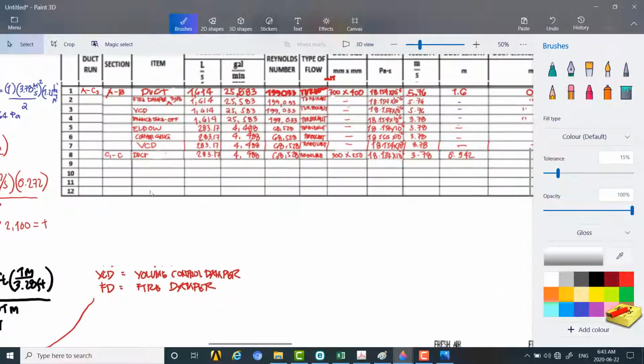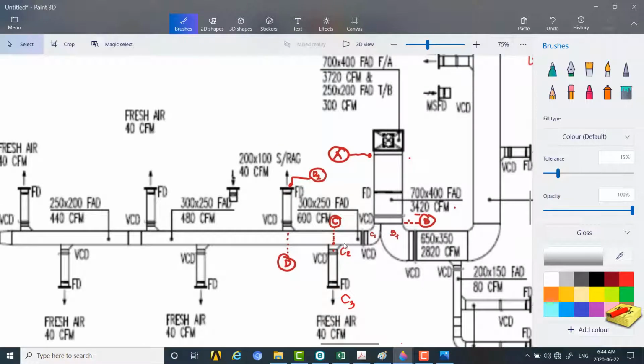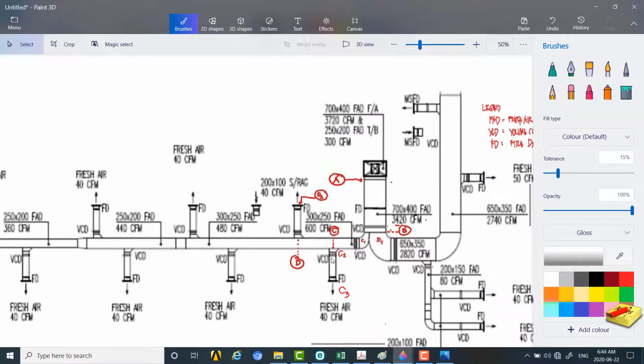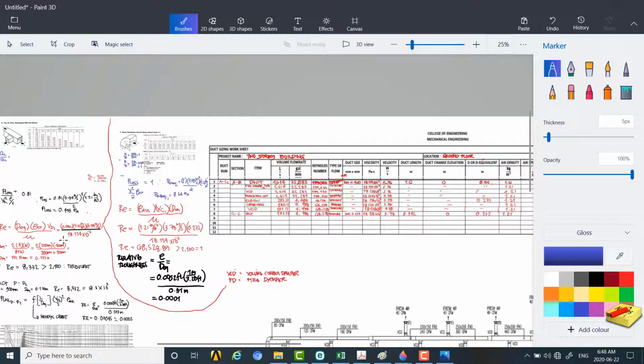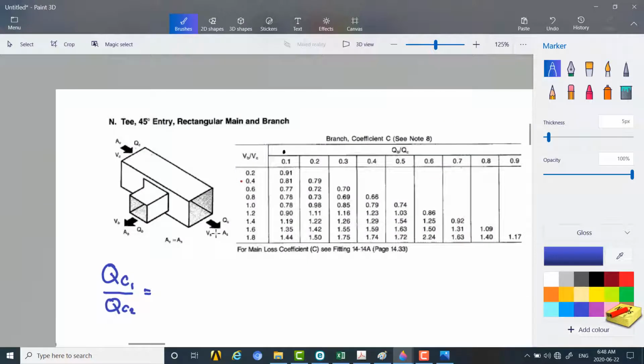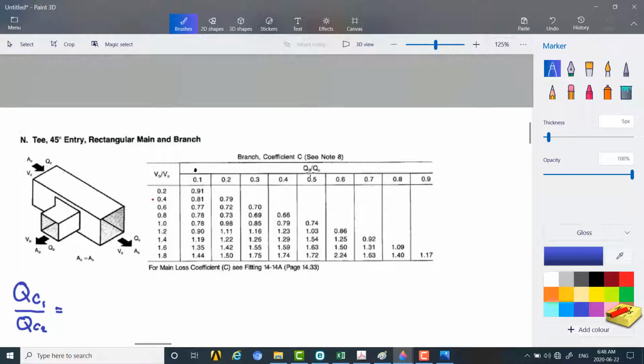Okay. Now we're going to the branches, going here from your main duct to your branches. So we have your losses also. Okay, so we can use this again. This is an illustration of your rectangular T main branch. So we have here your table. We have the ratio of the volume flow rate from the branches to the main duct.